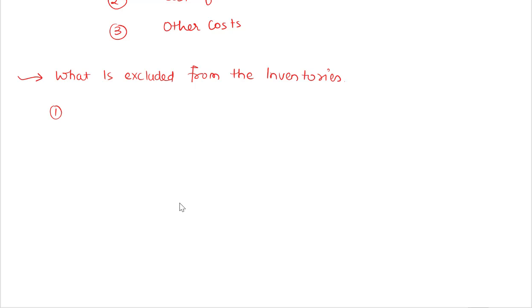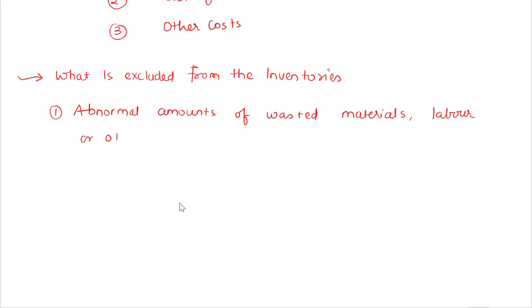Number 1, abnormal amounts of material wasted, labor or other production cost.